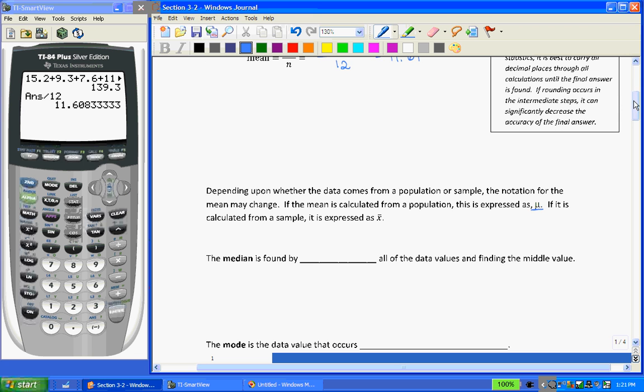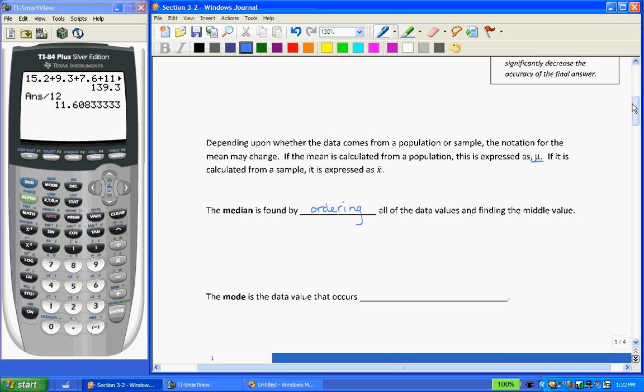Okay, let's go ahead and find the median. Now the median is found by ordering all of the data values and finding the middle value. Whether you go in ascending order or descending order doesn't matter as long as you put all the values in order.